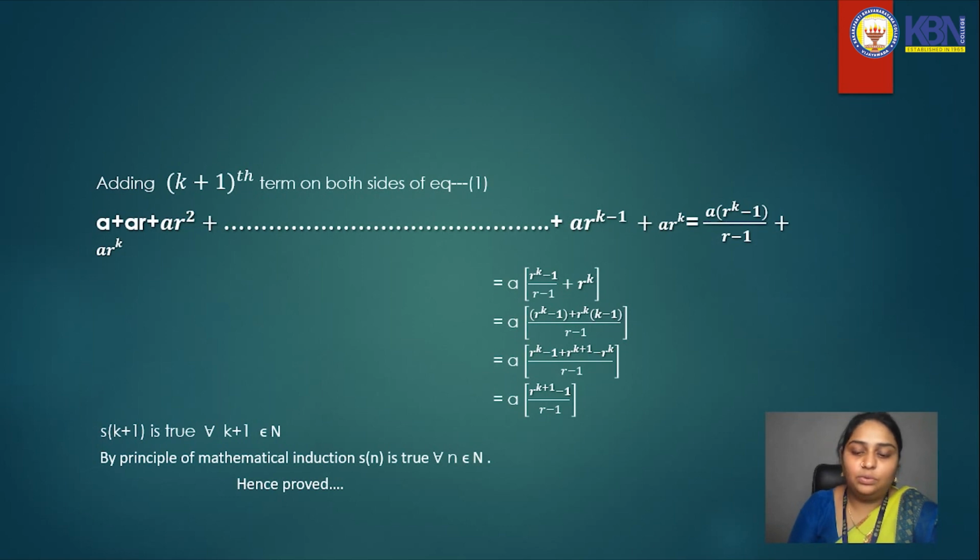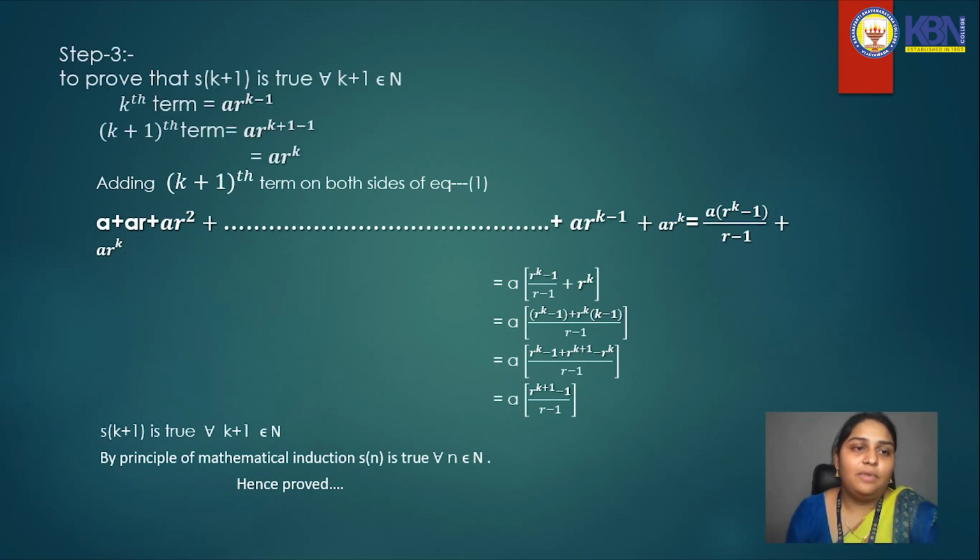Now we have to find the value for S of k plus 1. From equation 1, the kth term is a into r power k minus 1. By using that, we find the k plus 1th term, that is a into r power k plus 1 minus 1, which results in a into r power k.